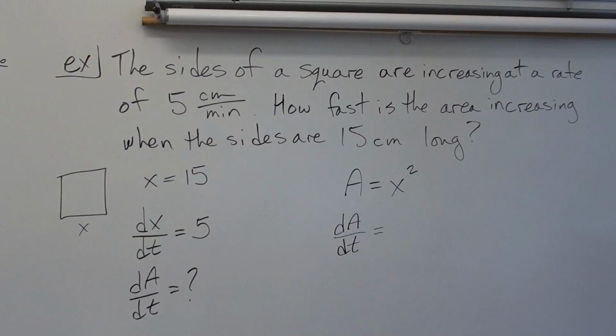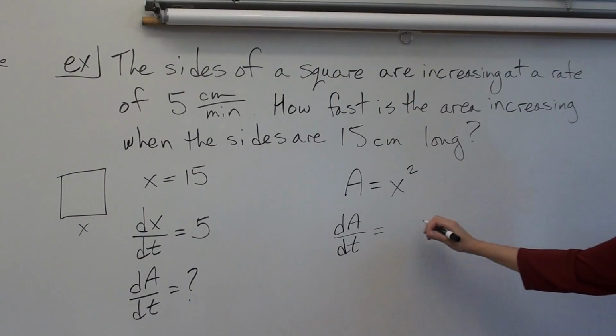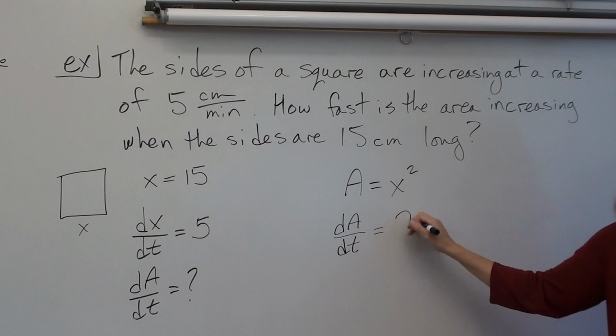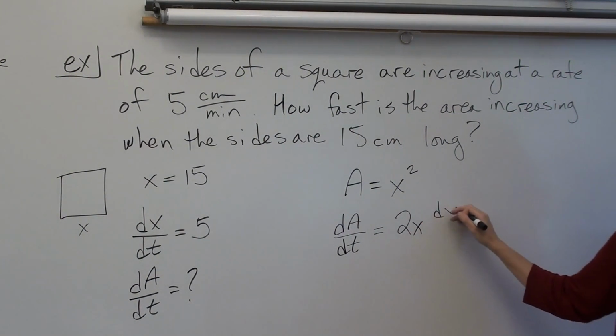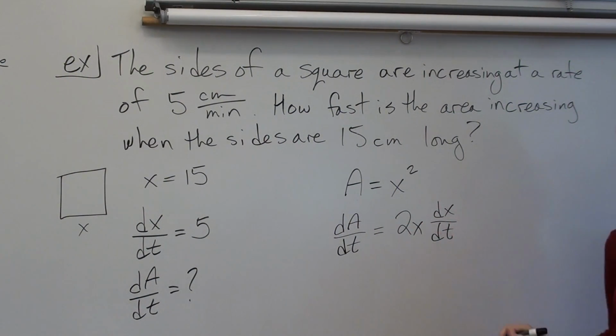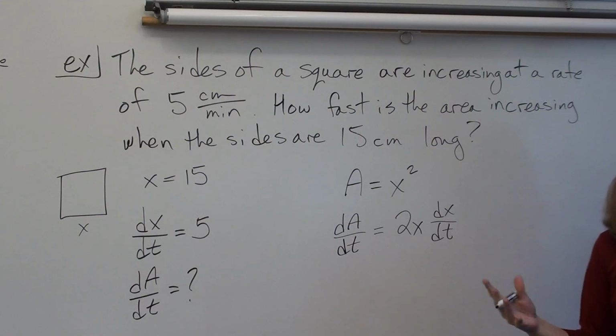What's the derivative of x squared with respect to t? 2x dx/dt. Now we can plug in our numbers and solve.